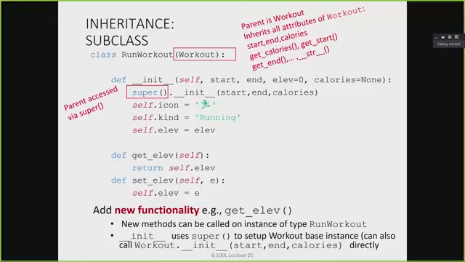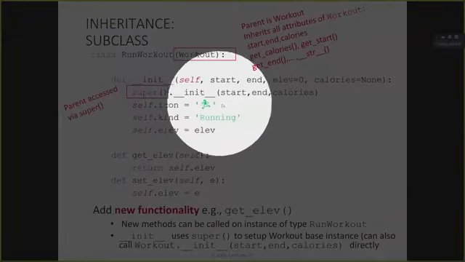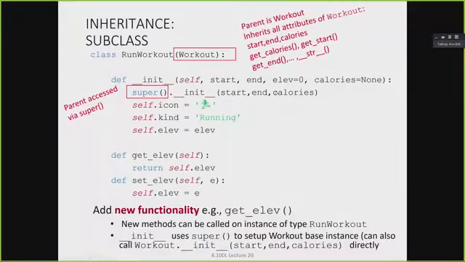So what we're saying here is, well, I know workout can do all those initializations for me, so let me just take advantage of that, not copy and paste it, and just let workout do the job and initialize all that stuff for me. So this line of code here initializes the start and end times by parsing them, the calories, the icon to the sweaty person emoji, and the kind to the workout string.